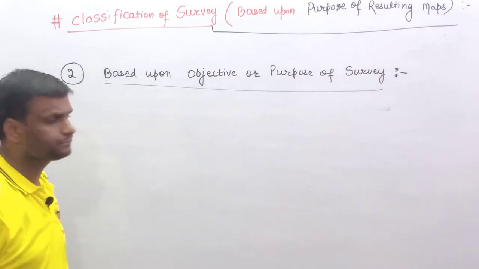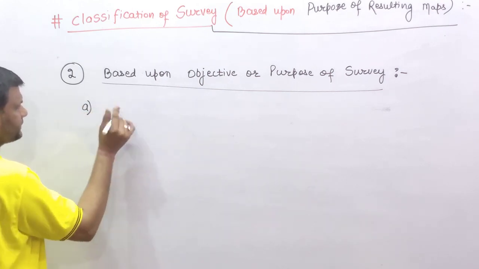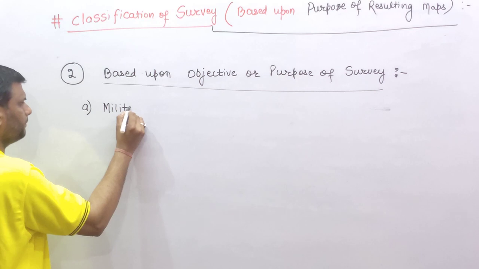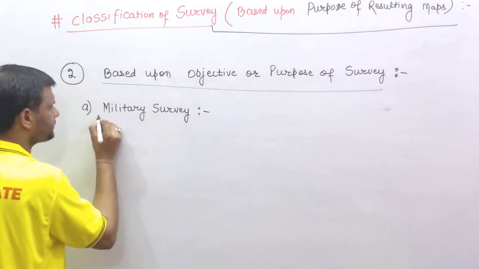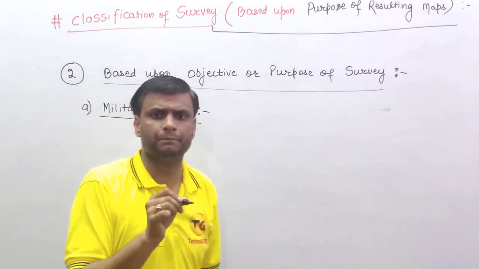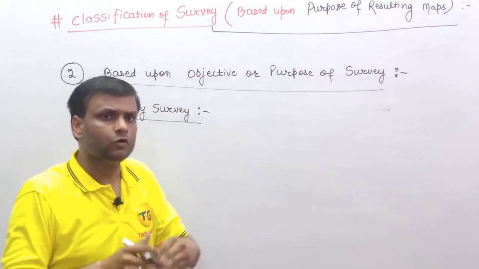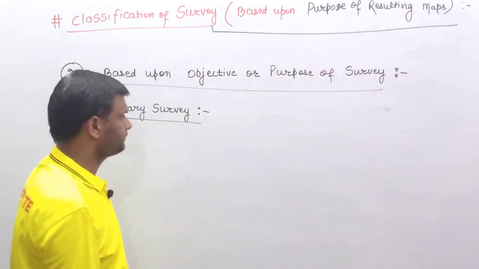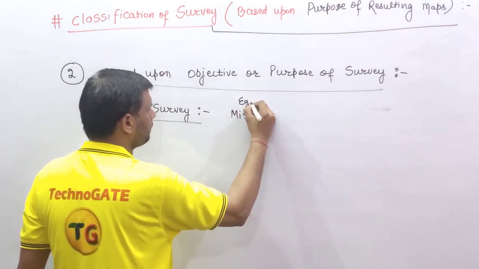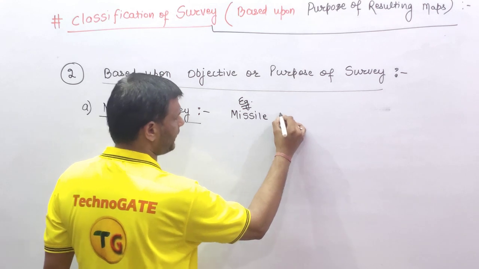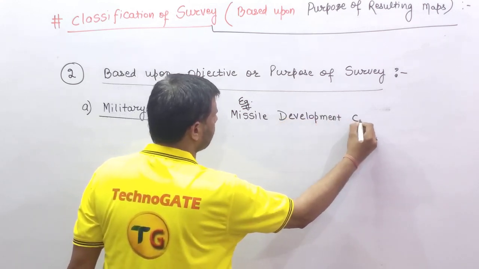On the basis of that, survey is classified as, number one, military survey. Likewise, if we want to develop a missile development center, we have to move outside the city locations. This type of survey is called military survey. The example is a military missile development center.